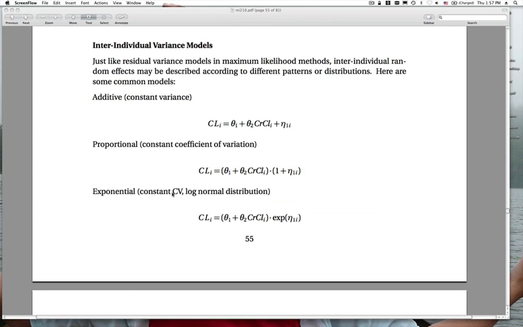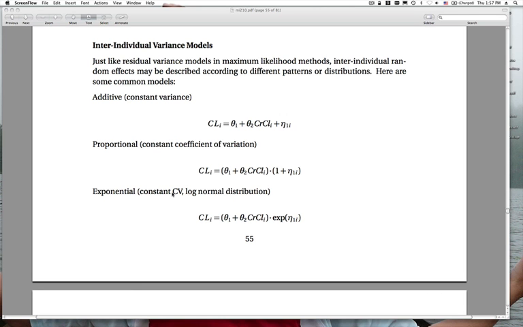Inter-individual variance models, just like residual variance models, can take different structural forms. If you recall, in the maximum likelihood lecture, we explored methods for determining the pattern of the residual variability, and one of those was by looking at residuals versus predicted plots compared to weighted residuals versus predicted, and the residuals versus predicted was indicative of the pattern of the variability in the data.